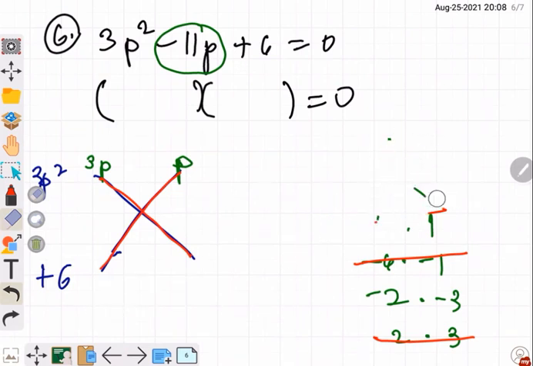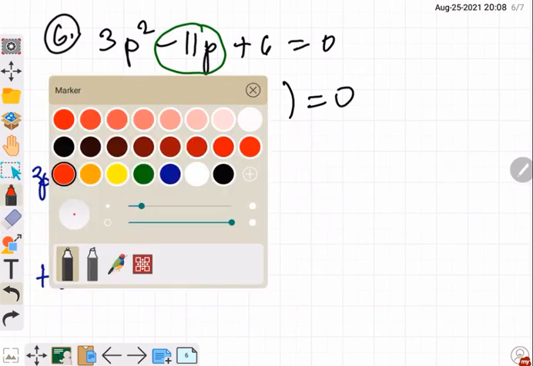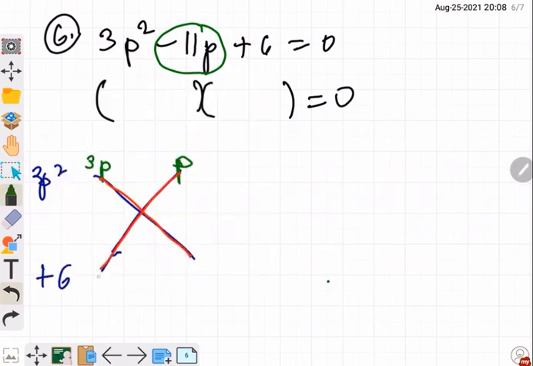Okay, so negative 2 and negative 3. So you can use your intuition, the basic mental math, to think over. Okay, not really one by one trial and error, but mix it with intuition.